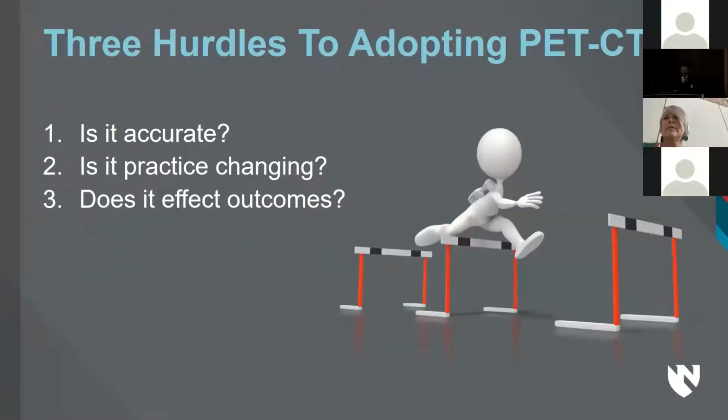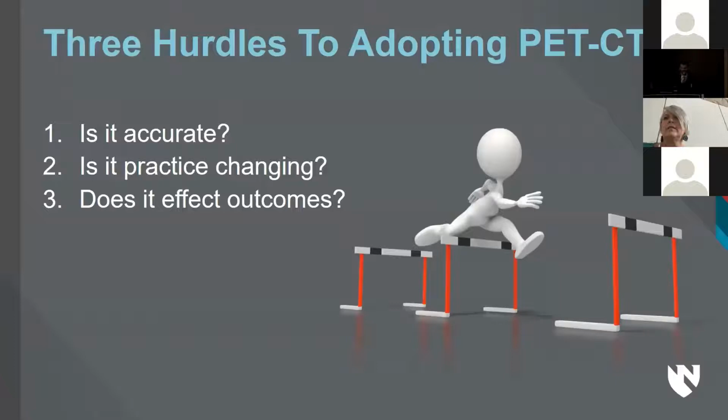When we consider adopting a new probe for a PET scan, there's a few things that we consider. First, is it accurate? Are we able to accurately identify where the prostate cancer is using this probe? Second, is it practice changing? When we do these scans, does it actually change how we are going to manage these patients? Or is it just something that we're doing because we like that self-assurance that we know that we're treating the right area? And then finally, does it affect outcomes?